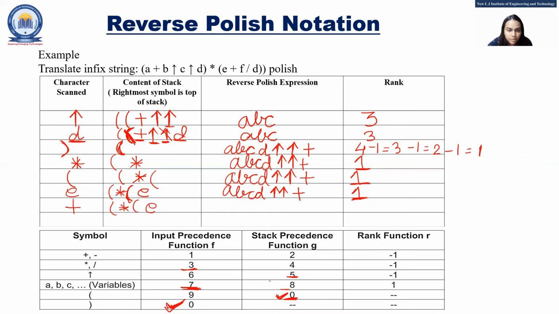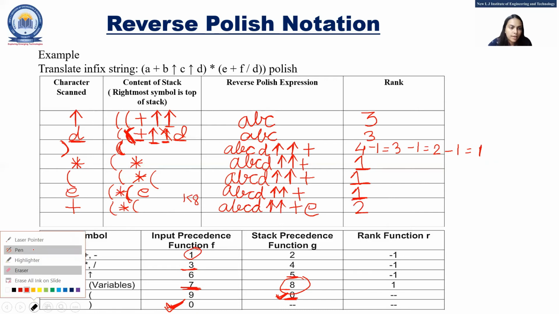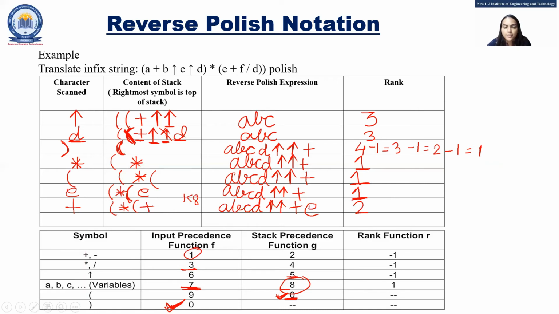The stack precedence of E is 8 and plus has input precedence 1. So 1 is definitely less than 8. So students, what we have to do? We have to pop E out. So A, B, C, D, exponential, exponential, plus and E. So it will be 2. And this E is popped out, and this plus would be pushed in the stack.